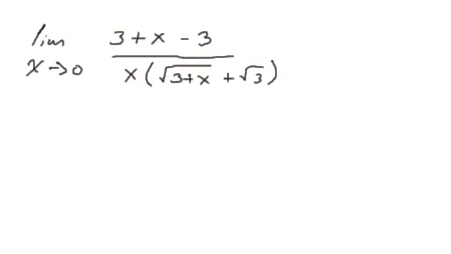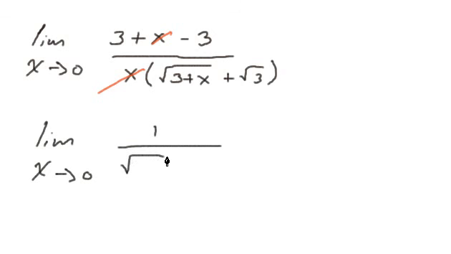So now we need to simplify this down. We have 3 minus 3, so that's 0. We have an x in the numerator and an x in the denominator, so these x's are going to cancel out, and we're just going to be left with the limit as x approaches 0 of 1 over the square root of 3 plus x plus the square root of 3.